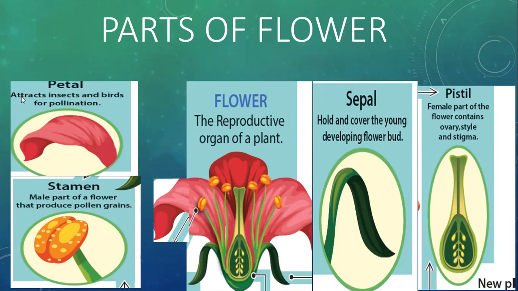The colorful petals attract insects and birds for pollination. The stamen is the male part of a flower that produces pollen grains. Then the pistil, the female part of the flower, contains the ovary, style and stigma.